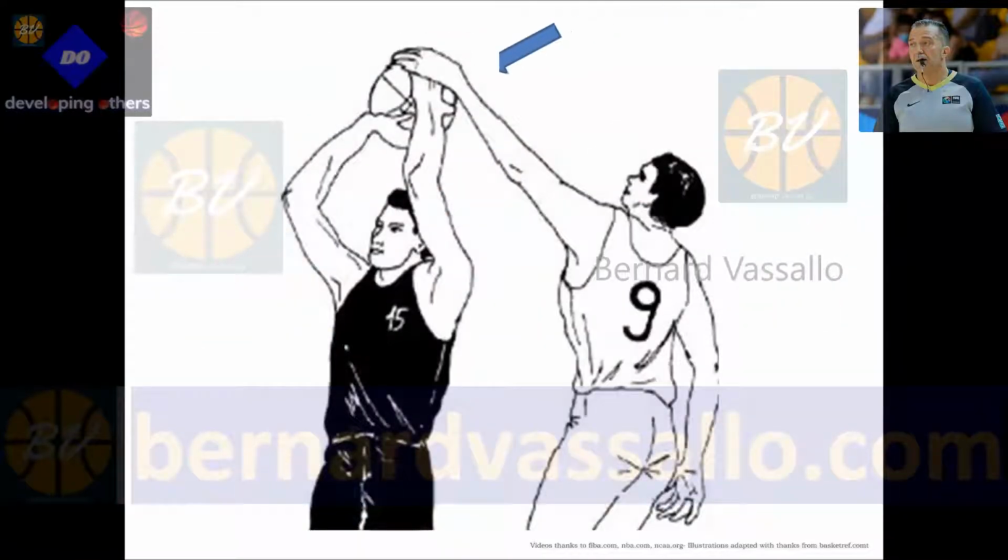Here we have white 9 trying to block the shot being taken by black 15.